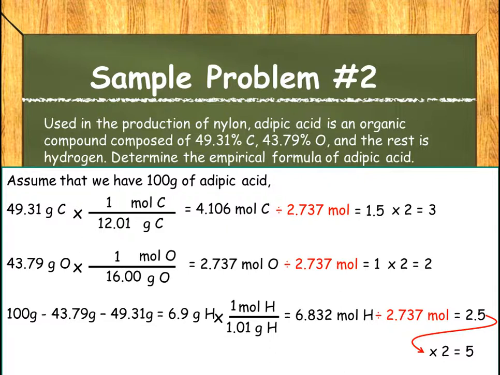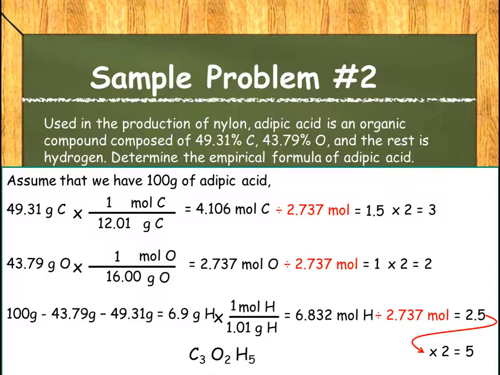Therefore, the empirical formula is going to be C3O2H5. And that is the empirical formula for this problem. Okay, now, did you guys write this down? Why do we choose 2 again? Because 2 is the lowest possible factor that gives us whole numbers.